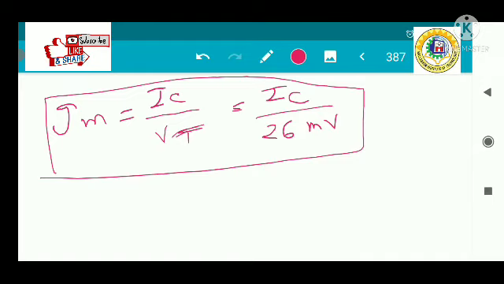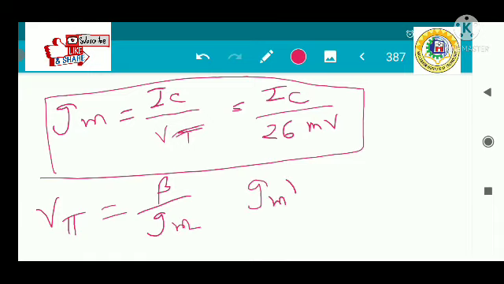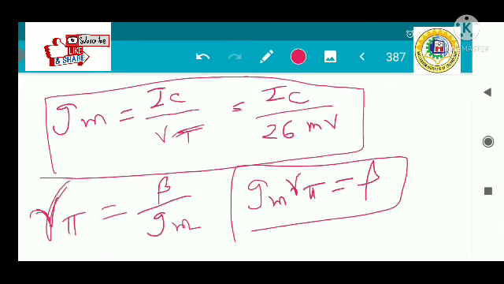Likewise, we have analyzed with the help of the RE model or the H parameter model. And also, beta is GM into R pi.